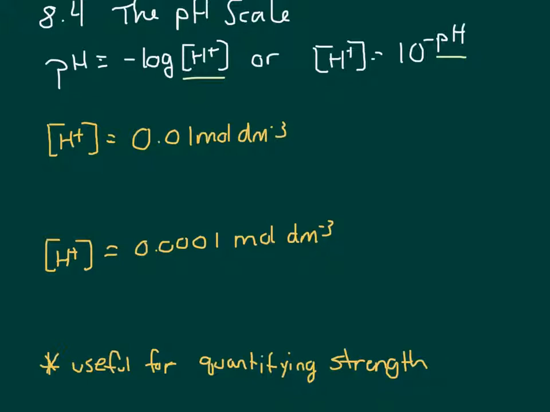Now, where does this p-value come from? When the scientist back in the 1800s was looking at the strengths of acids and bases, he decided to use the letter P with really no reason behind it, but essentially we believe the translation of what it means is power.